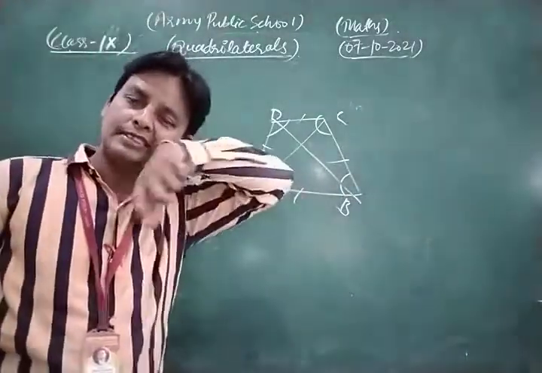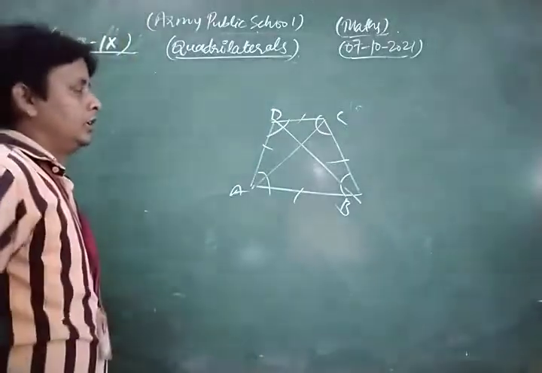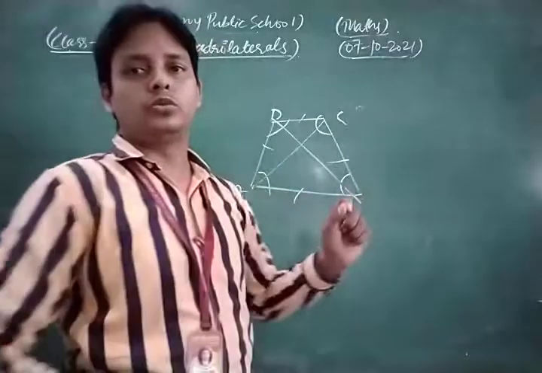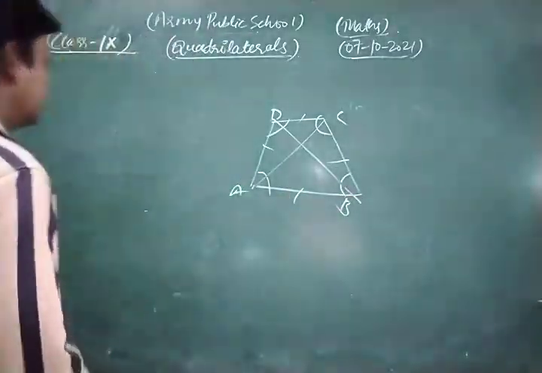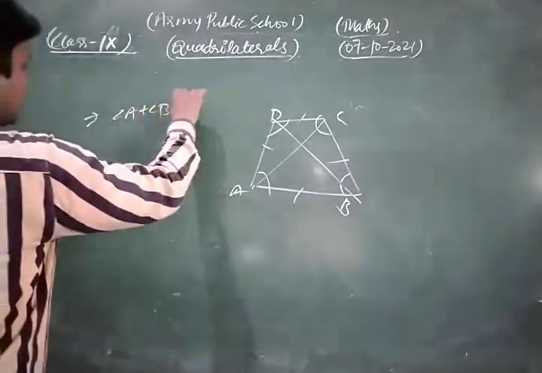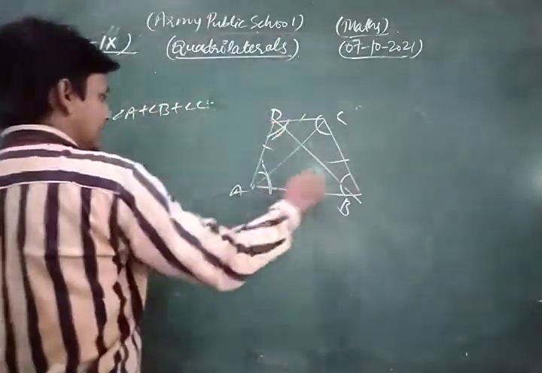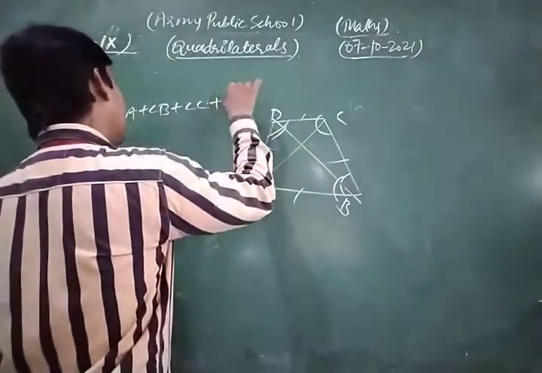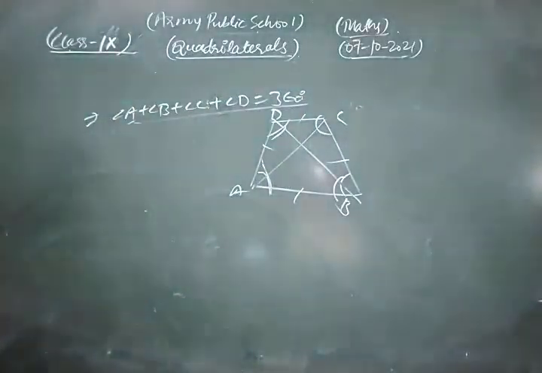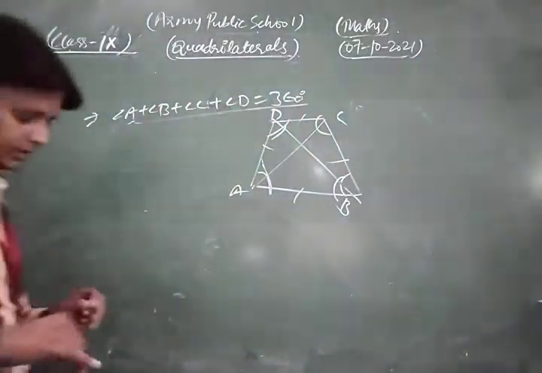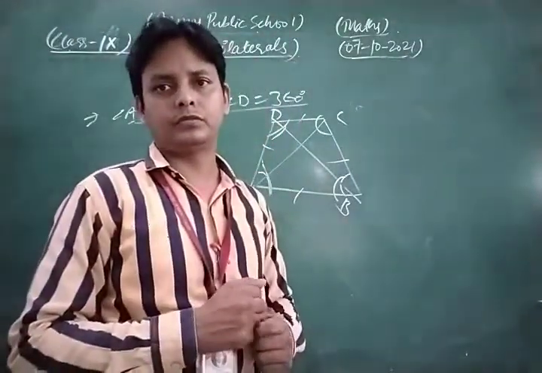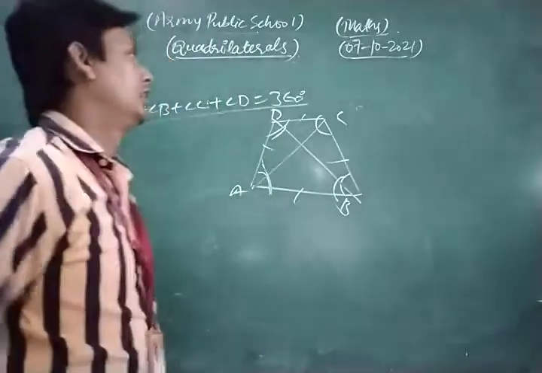These are some important facts related to quadrilaterals, and a very important property is that the sum of all interior angles of a quadrilateral is what? This is 360 degrees.